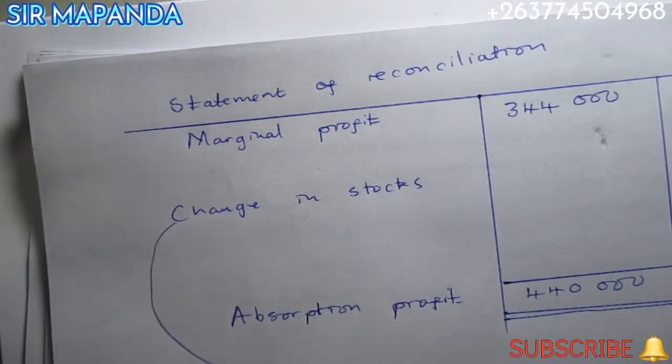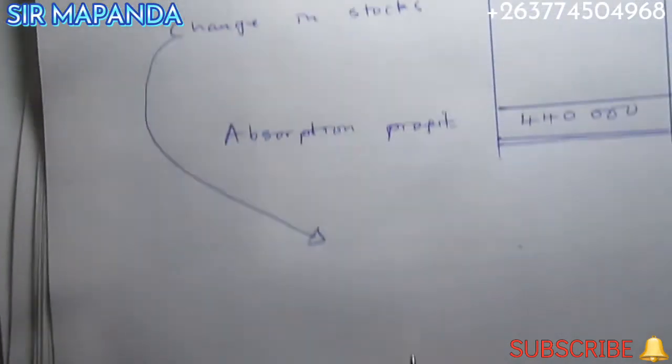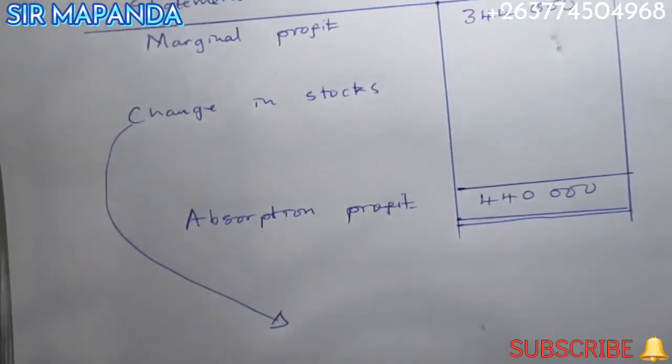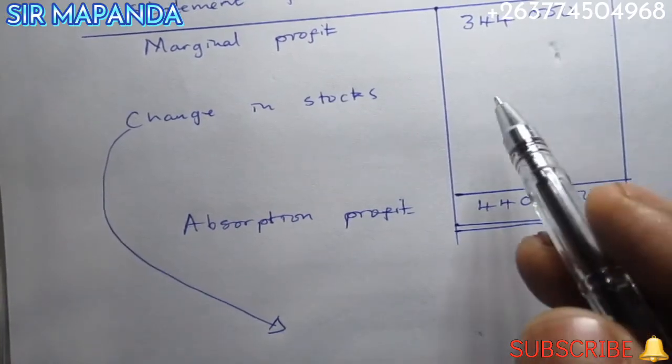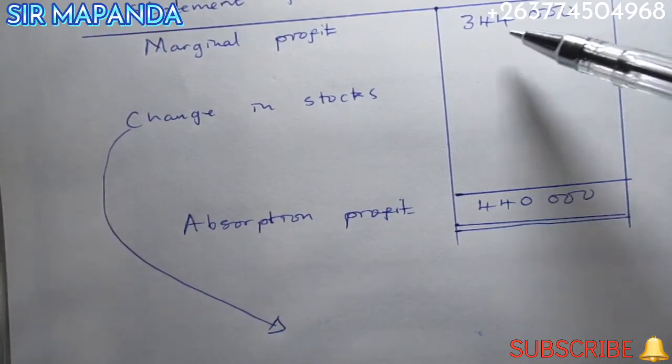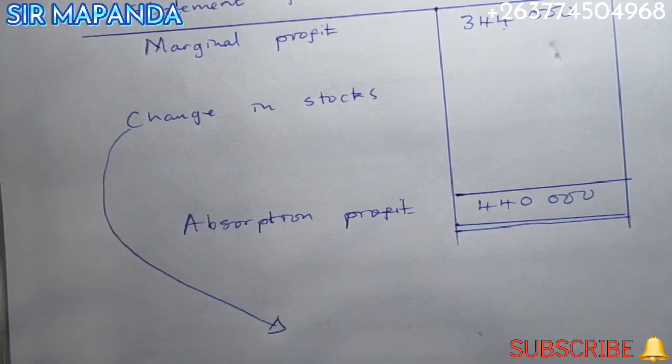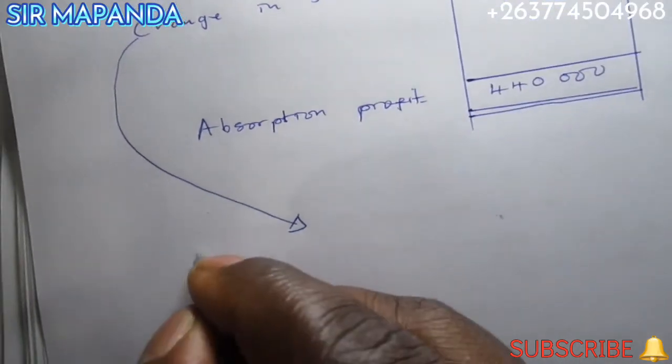So I'm going to do the calculations here for change in stocks, so that I insert a figure here which will reconcile 344 with 440,000. So how do you calculate change in stocks? Here is the formula.